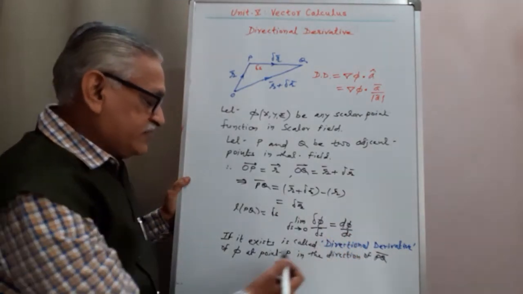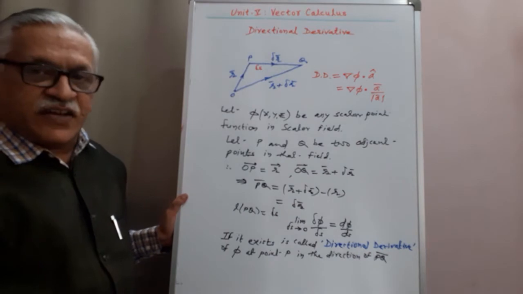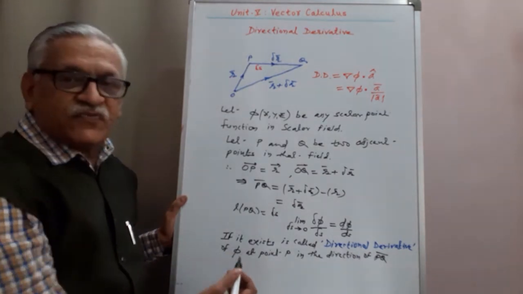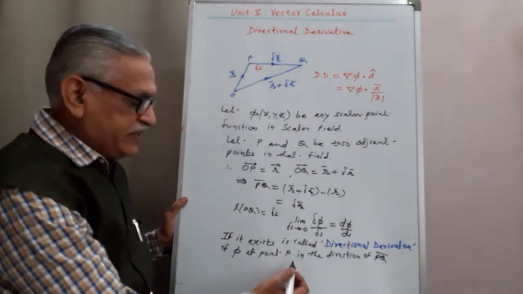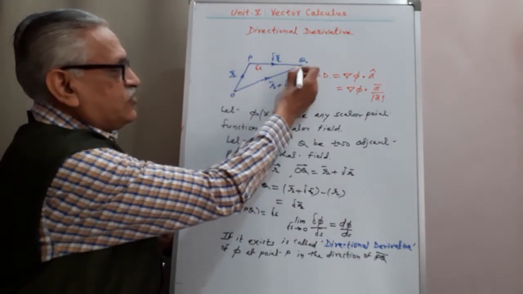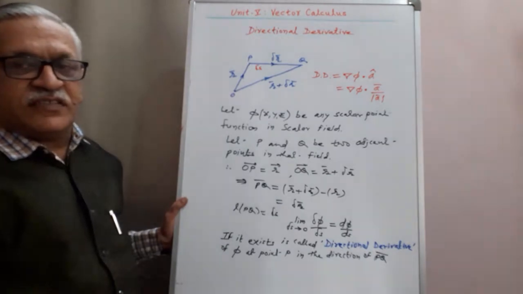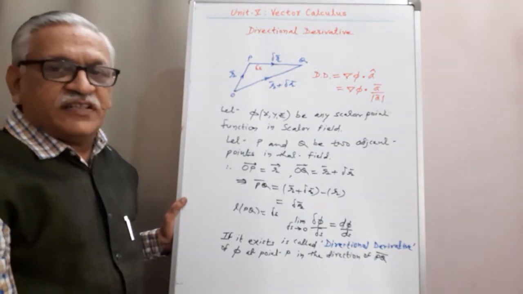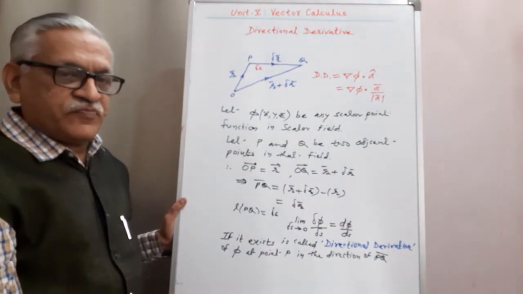That d phi by ds is called the directional derivative of the function phi at point P in the direction of vector PQ. Therefore, this derivative obtained in the direction of some vector is called the directional derivative.